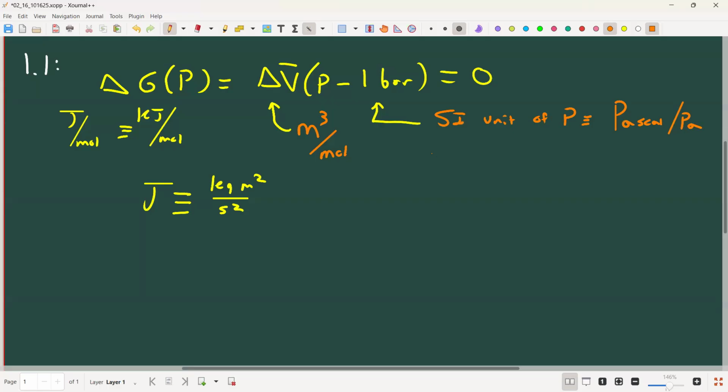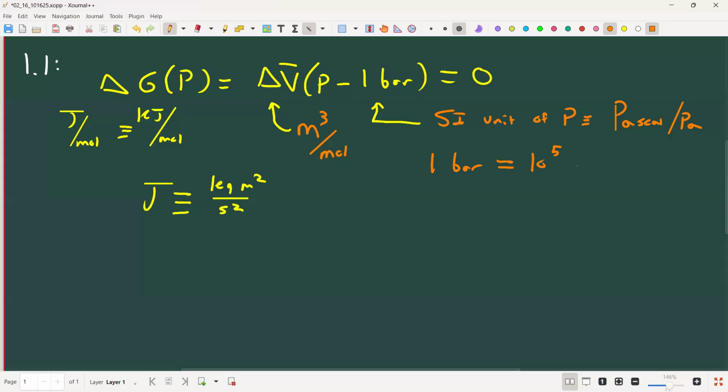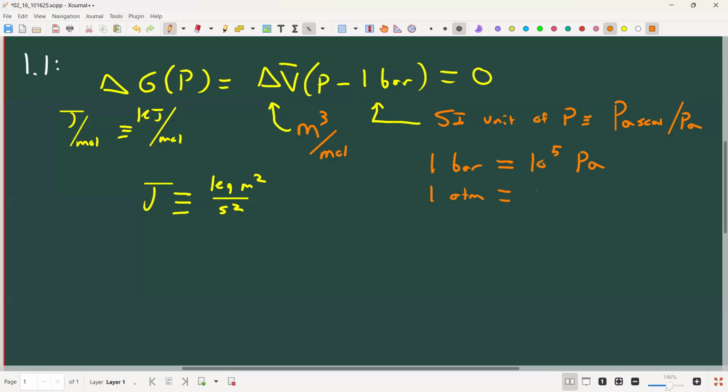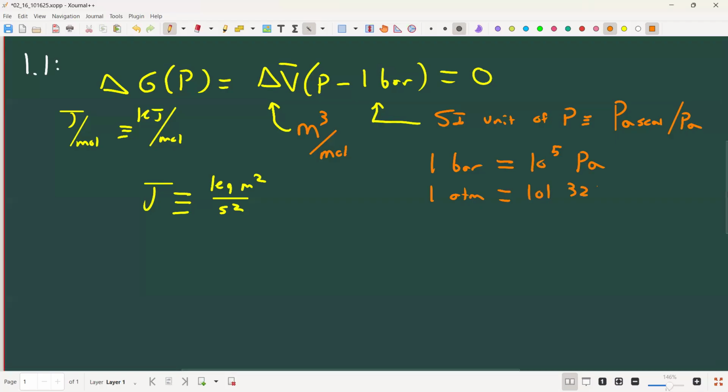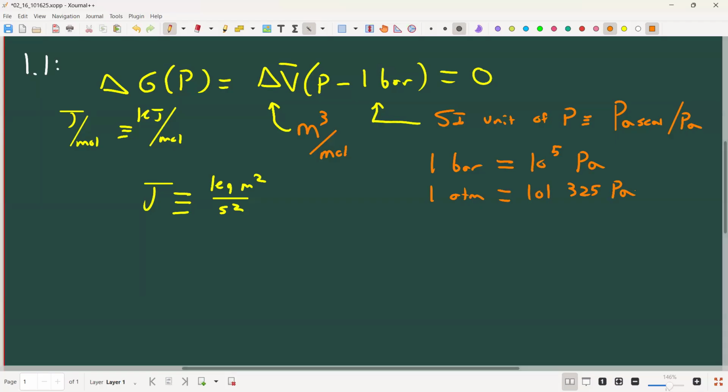And here's the definition. 1 bar is 10 to the 5 pascals, and 1 atmosphere is 101,325 pascals, okay? Depending on what units you're using, these are useful comparisons.